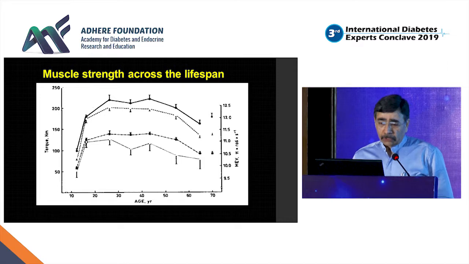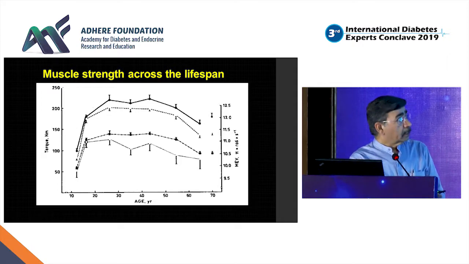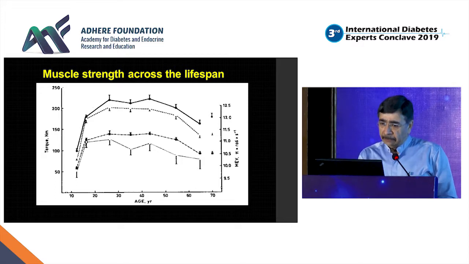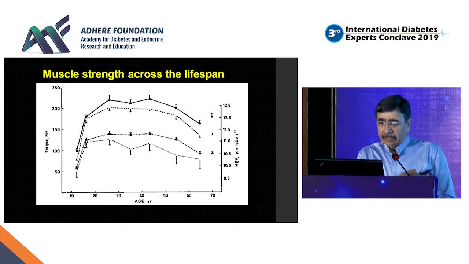Now this slide shows how the muscle mass and function goes through the lifespan. If you see carefully, during youth or adolescence, there is a sharp increase in the muscle mass and muscle function, which becomes stabilized at peak around 20 to 30 years of age.